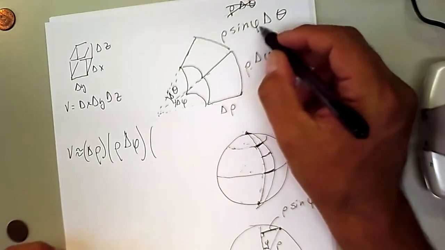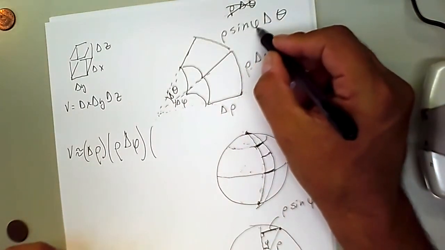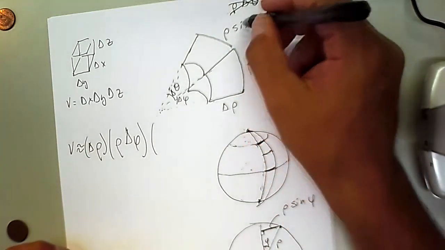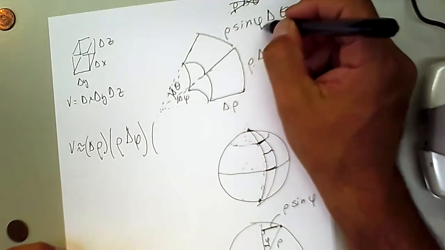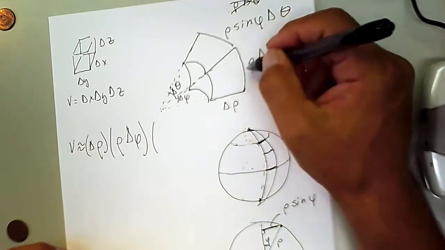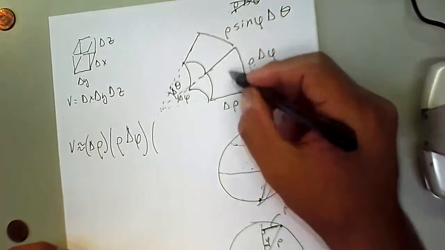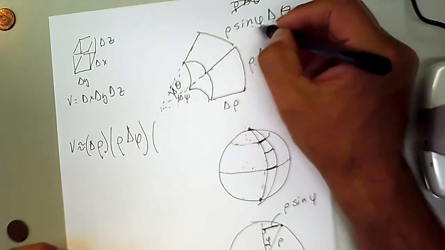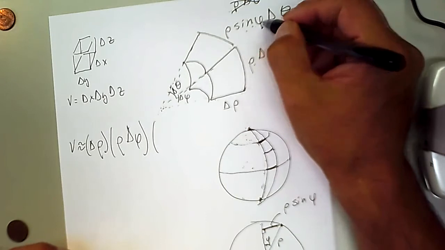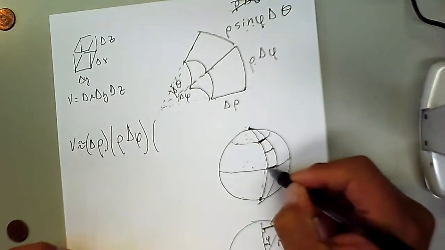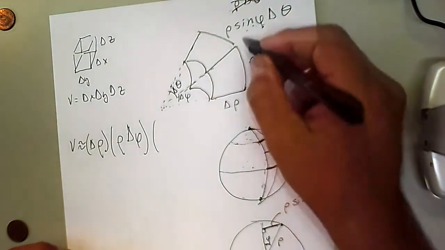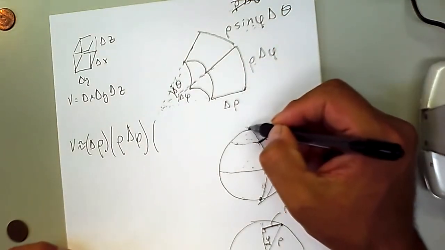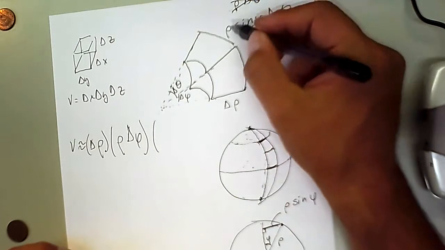Now, if we're on the equator, phi would be 90 degrees because it is the drop from the North Pole. So phi does not measure the latitude, it measures from the North Pole the angle down. So if that was 90 degrees, then sine of 90 degrees is 1, and we do end up with the correct arc. If phi was 0, then there would be no arc. We would be right on the North Pole, and consequently, we do get 0.